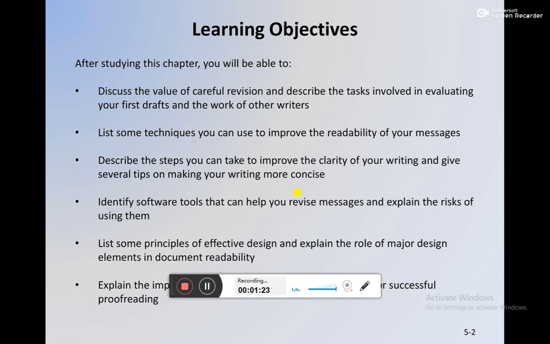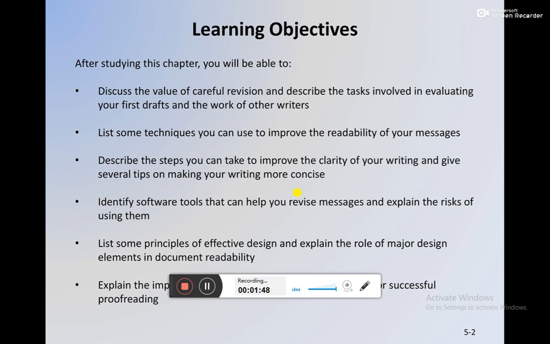You will also get to know some techniques you can use to improve the readability of your message, describe the steps you can take to improve the clarity of your writing, and give several tips on making writing more concise.